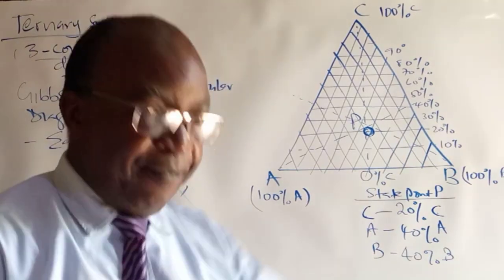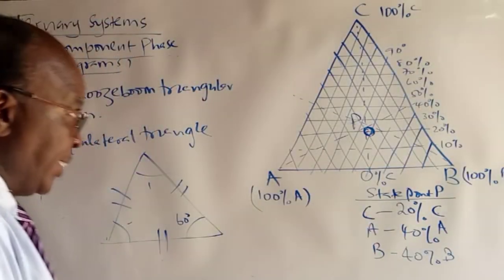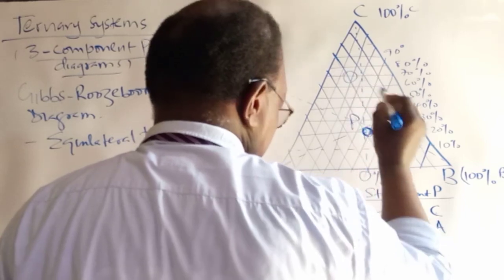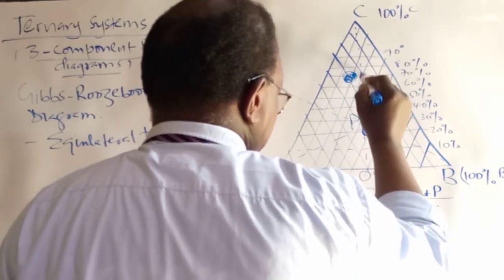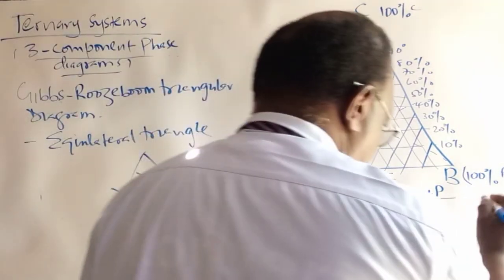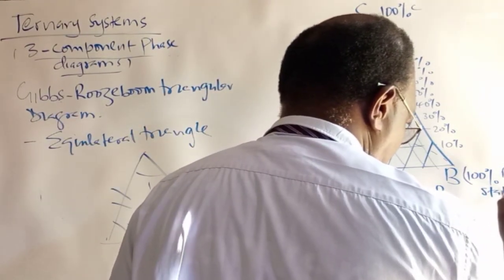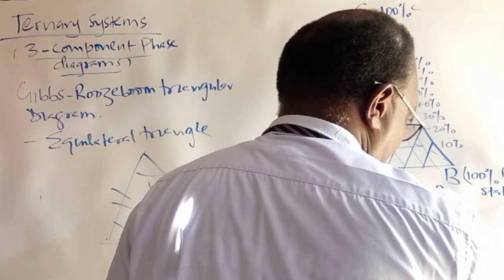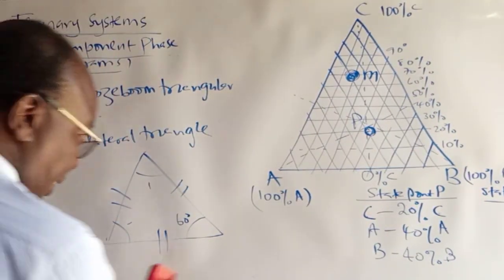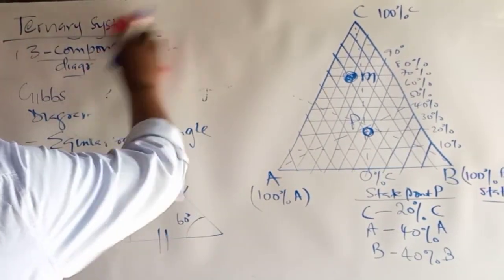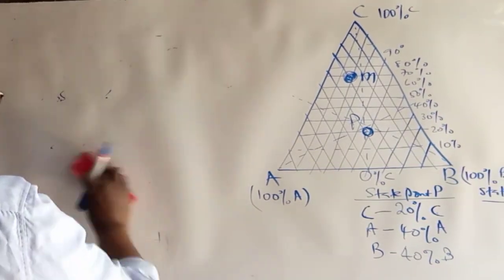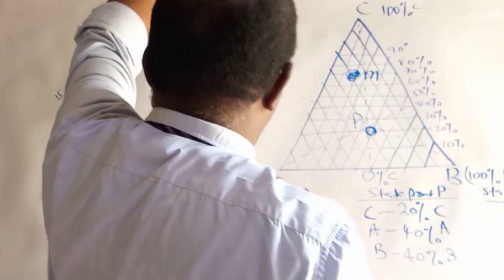Now, if we have another state point, let's call that state point M. You have two state points. So at state point M, what will be the percentages? Let's use this side.